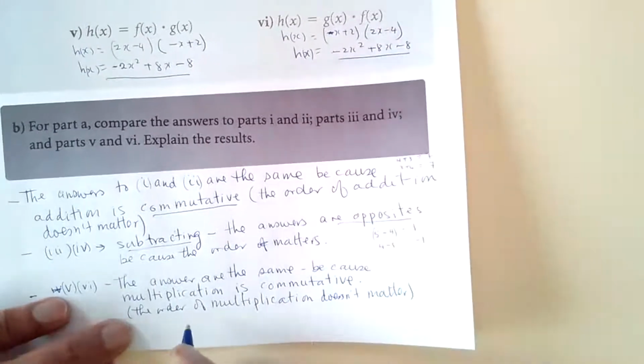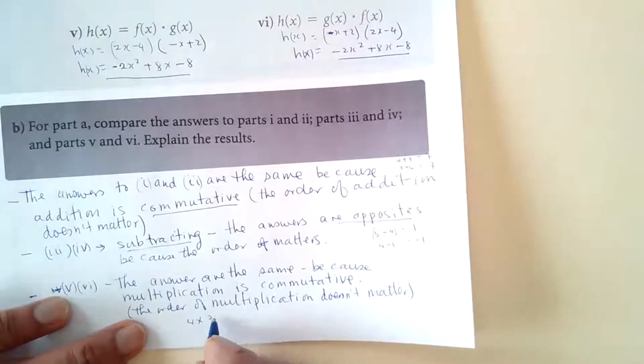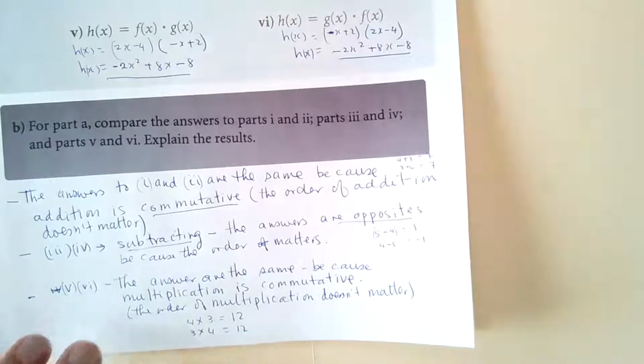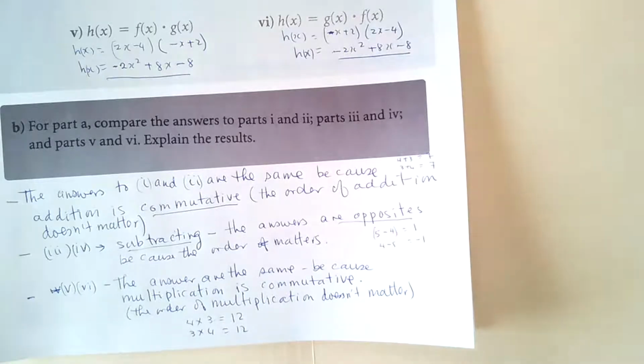So for example, if I have 4 times 3 is equal to 12, or 3 times 4 is also 12. So it doesn't matter if you look at 4 groups of 3 or 3 groups of 4, you still end up with the same result.